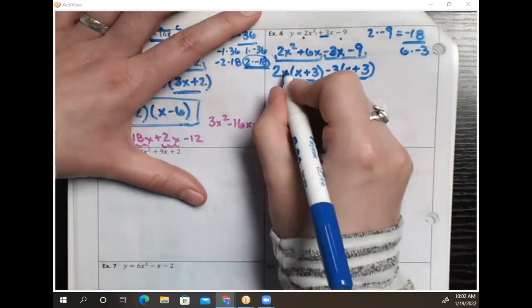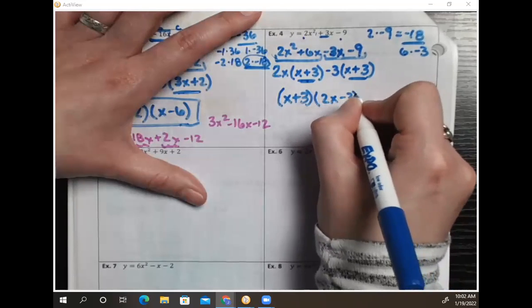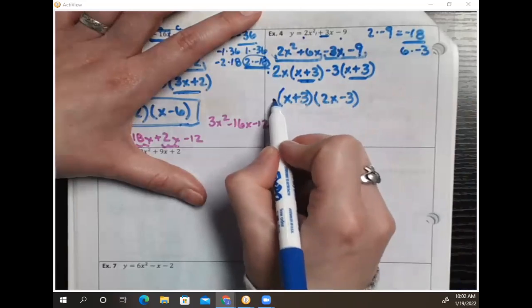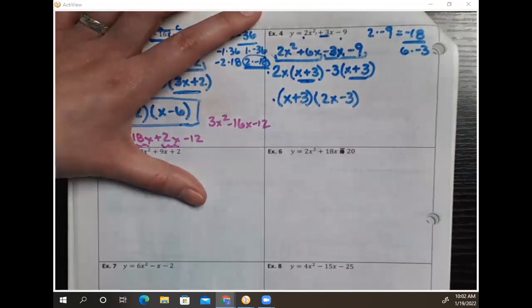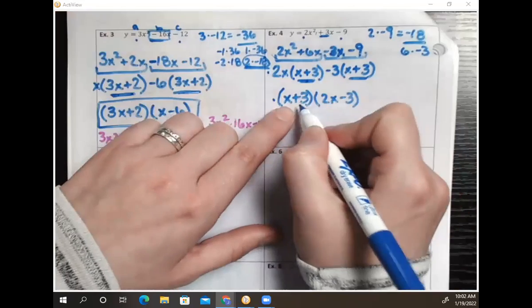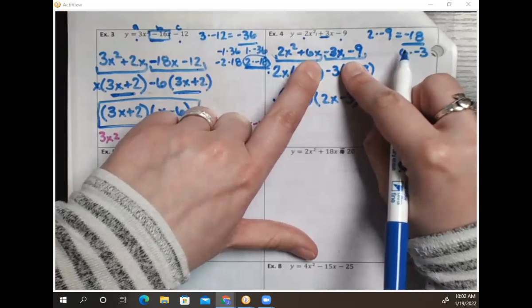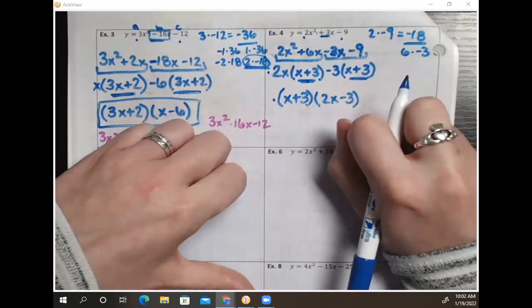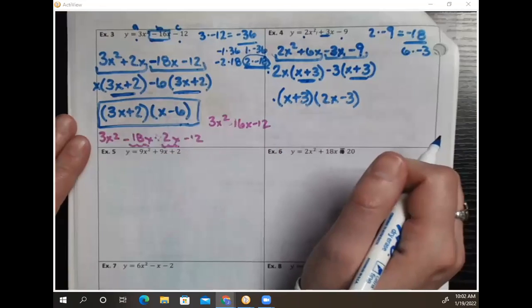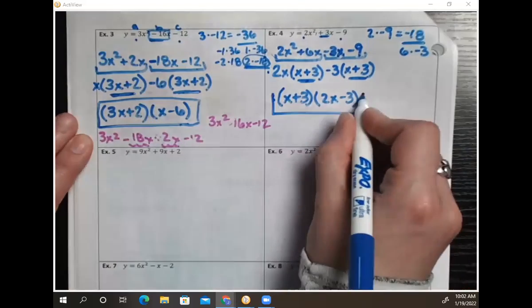And then I'm left with 2x minus 3. From here to here, in my opinion, is the easy part of these problems. I know I'm going to have that stuff in parentheses that comes out, and then I know I'm going to have whatever's not in parentheses that makes up my other factors. There's my factored form.